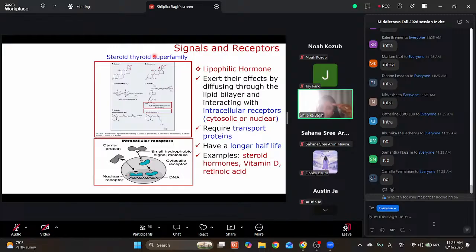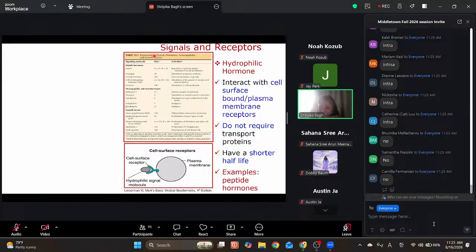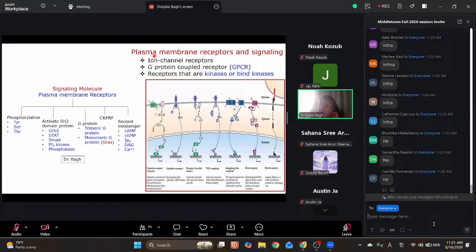Identify the right ligand, the right receptor, and the right signal transduction mechanism. The steroid thyroid family uses intracellular receptors and acts at the level of the gene. Acting at the level of the gene is long-term or short-term regulation? Long-term regulation, induction and repression.